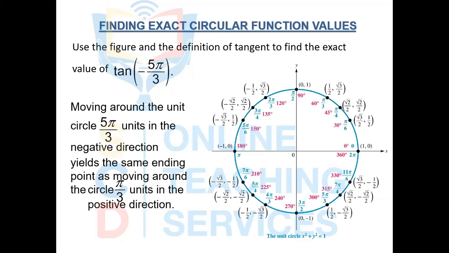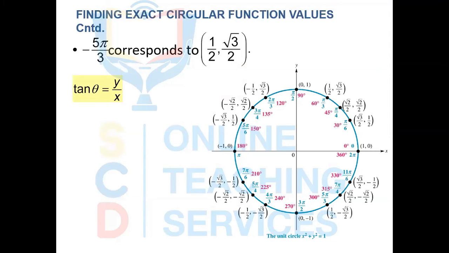So meaning to say, it is just like saying that tangent negative 5 pi all over 3 has the values of pi all over 3, and that is 1/2 and square root of 3 all over 2. Am I right? Yes. Now, since that is tangent, we know that tangent theta is equal to y all over x.